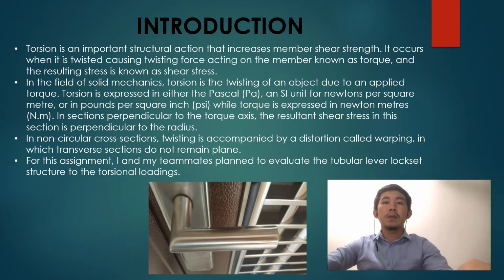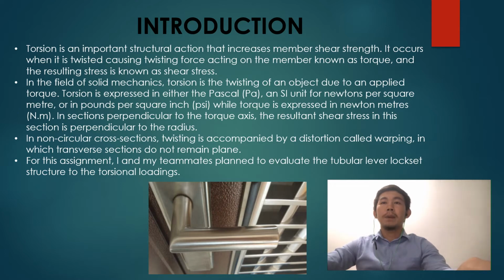In the field of solid mechanics, torsion is the twisting of an object due to an applied torque. Torsion is expressed in either the Pascal, the SI unit for Newton per square meter, or in pound per square inch, while the torque is expressed in Newton meters.